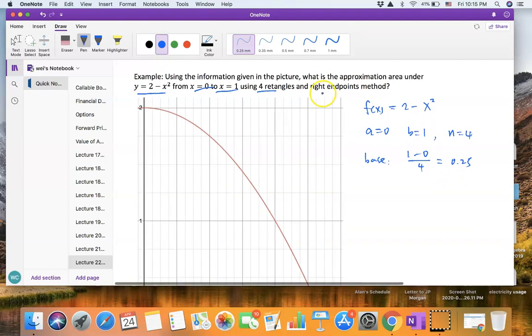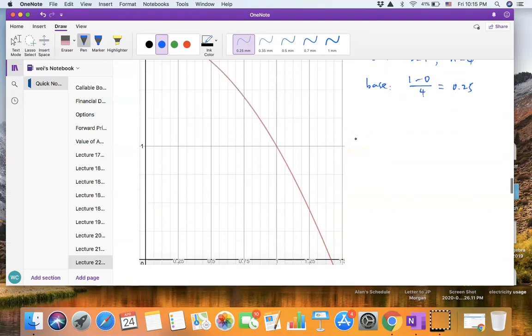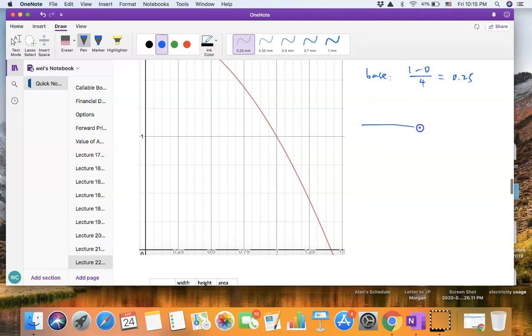And we're using the right endpoint method. So let's first think about when I divide this interval from 0 to 1 into 4 even pieces, what are the coordinates of each point?